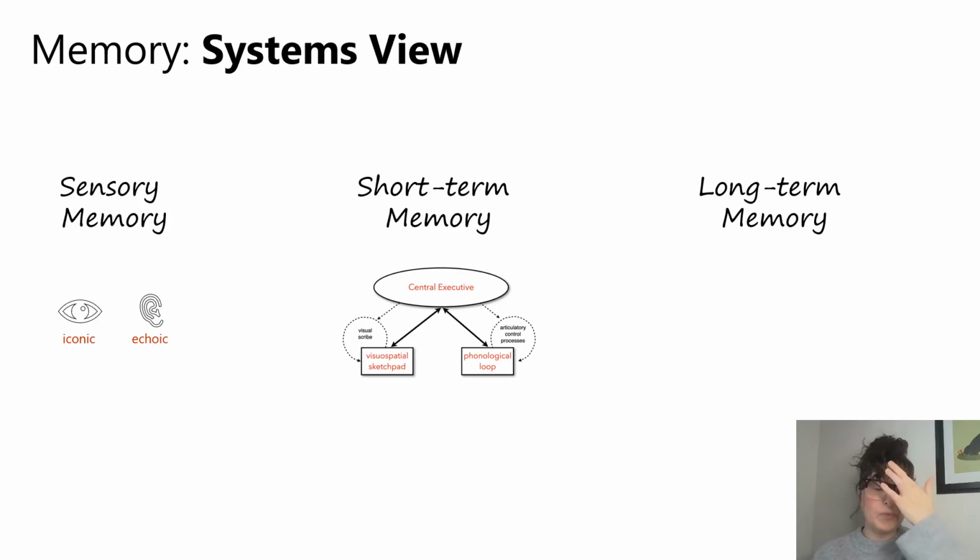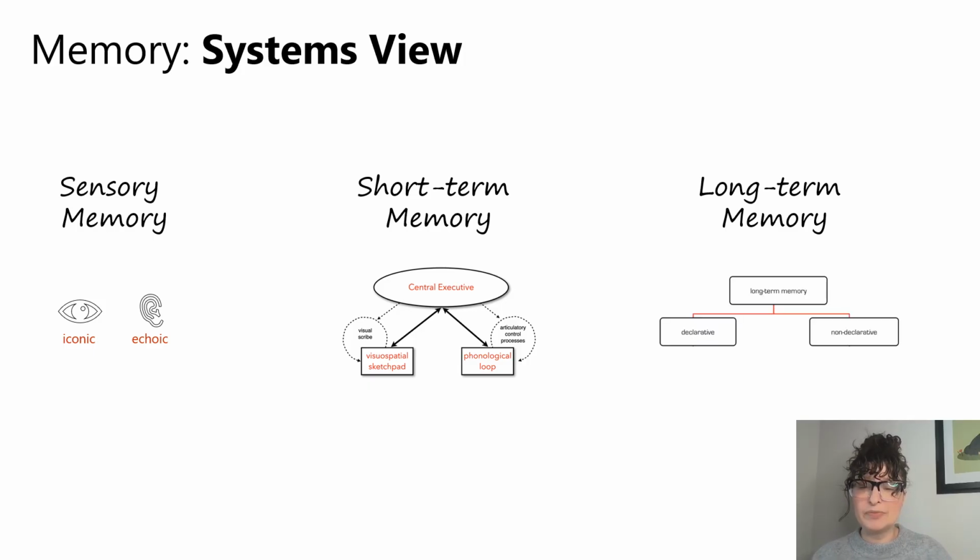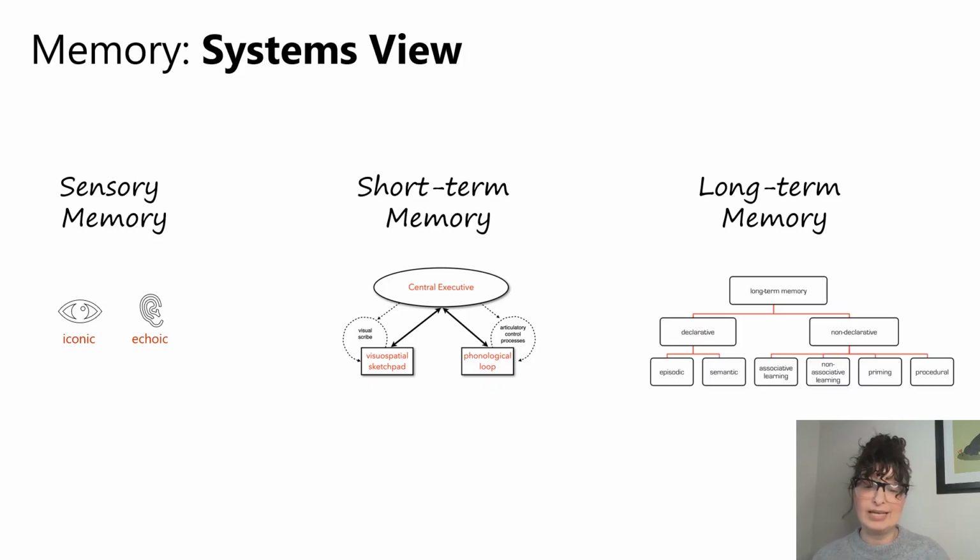Short-term memory, we often refer to as working memory, and I'm going to break out that distinction today. And then finally, we talk about long-term memory. Long-term memory can be broadly broken down into declarative and non-declarative, things we can discuss versus things we can't. And then they can be further subdivided into six different subdomains of long-term memory.